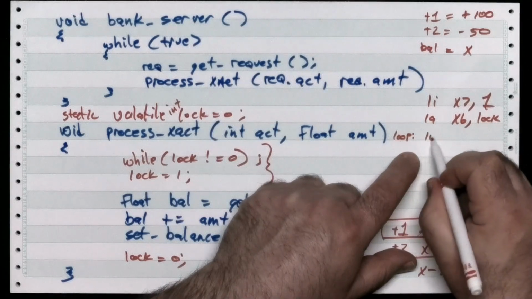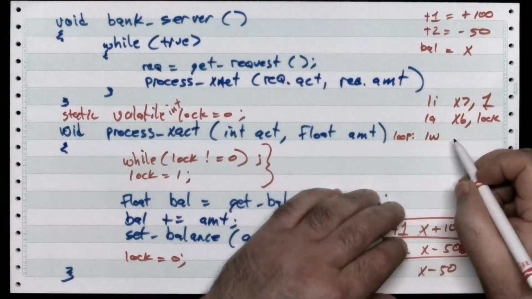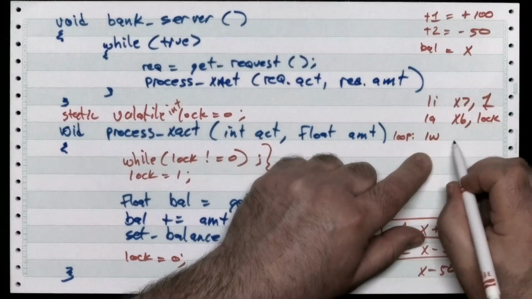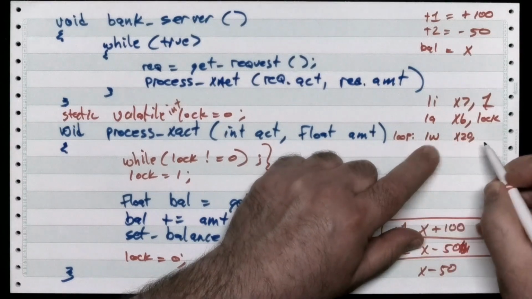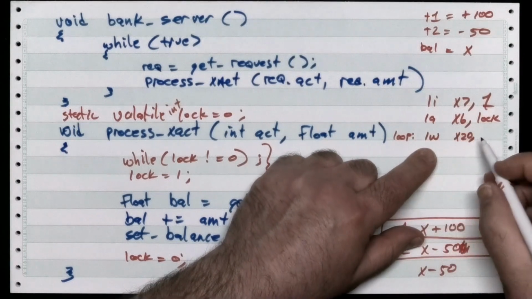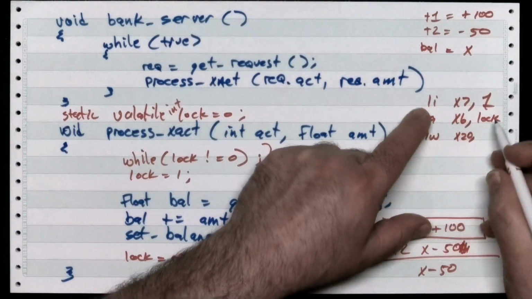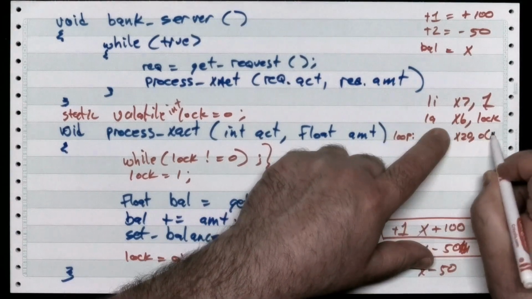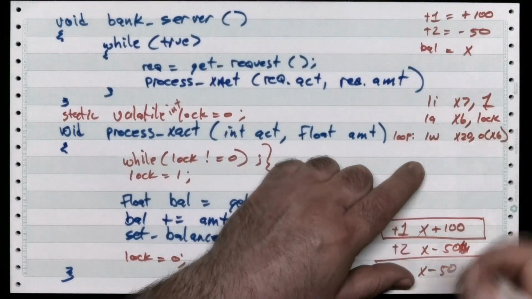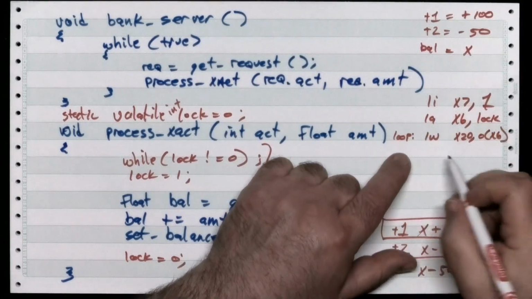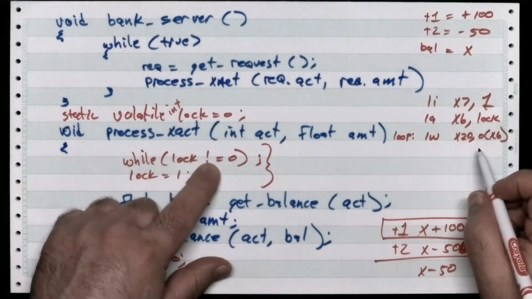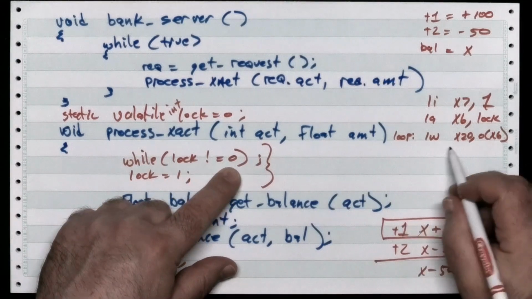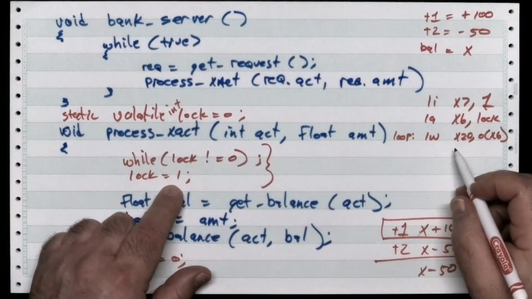So what would we do in here? We would say load word, some register, maybe X20. We would want to get the value of the lock, right? So we would say 0 off of X6, right? Then if the value is not 0, I need to keep waiting because someone else would have set it to 1, right?